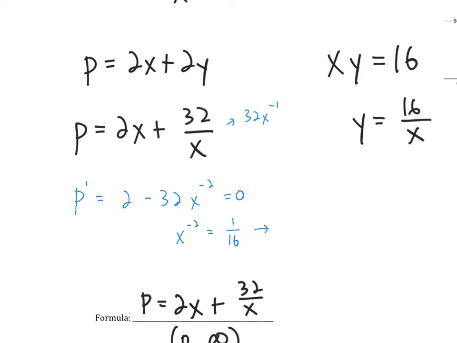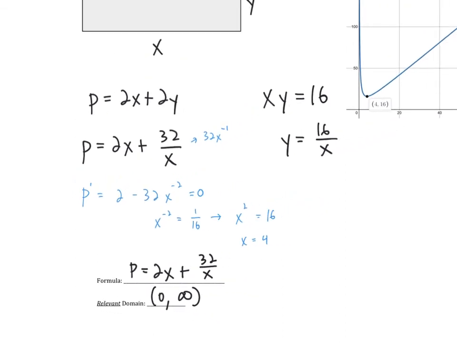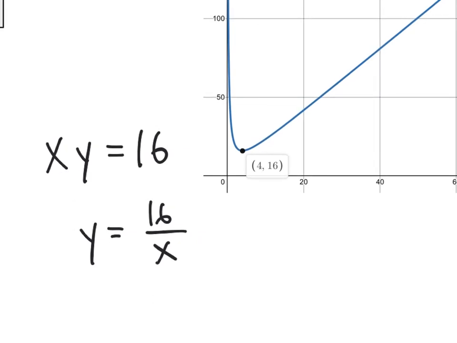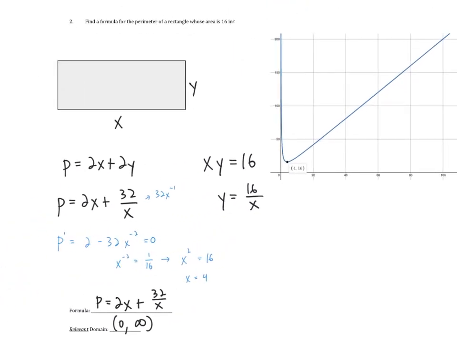That means we can take reciprocals of both sides, so x squared equals 16. So technically x will equal plus or minus 4, but it can't be negative, right? If we look at the domain, it just equals 4. Okay, notice that was the x value of the minimum point that we can see from the graph.